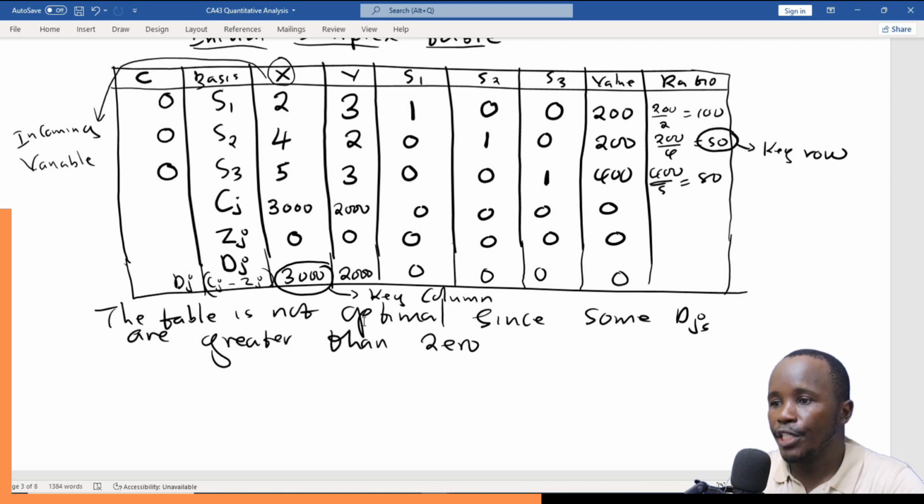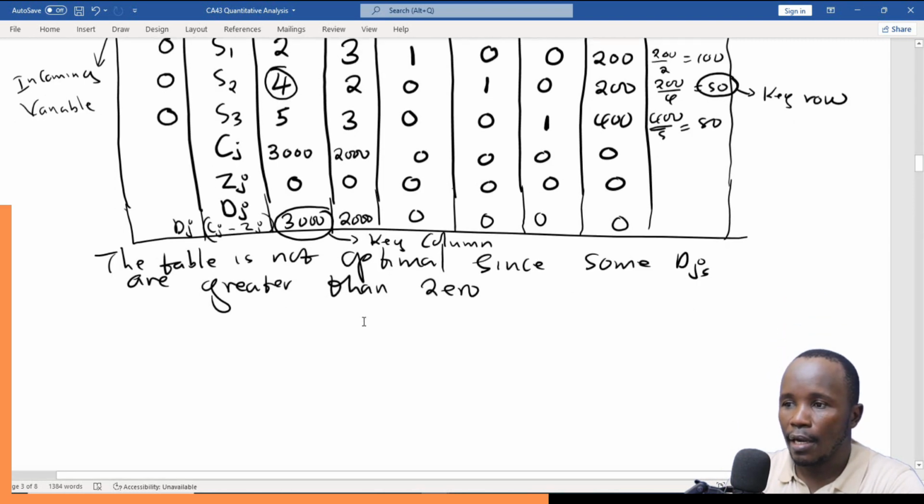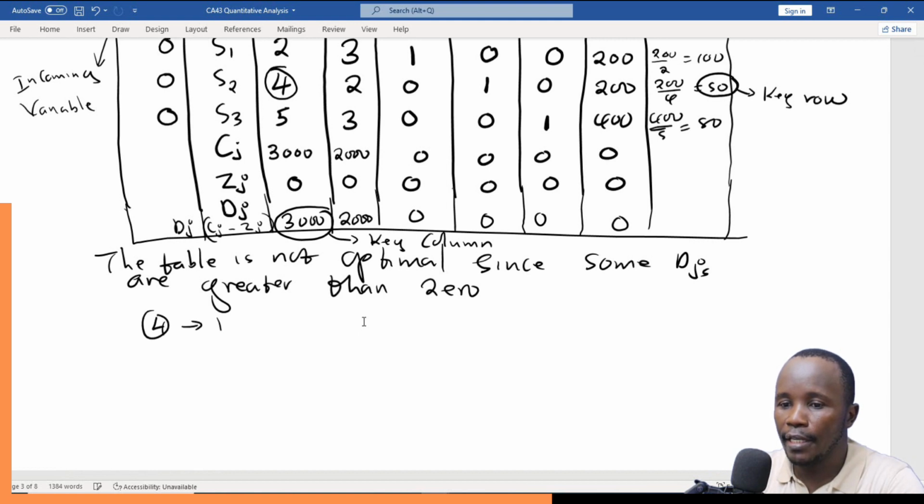Then we look at the point where the key row and the key column intersect. Here, this number 4 is called the key element.